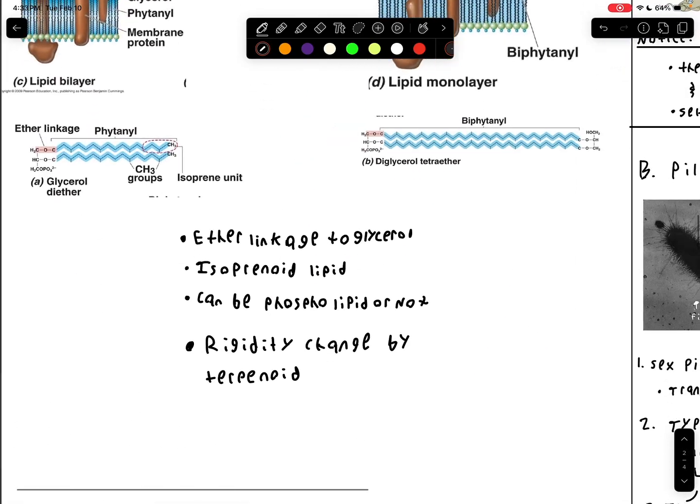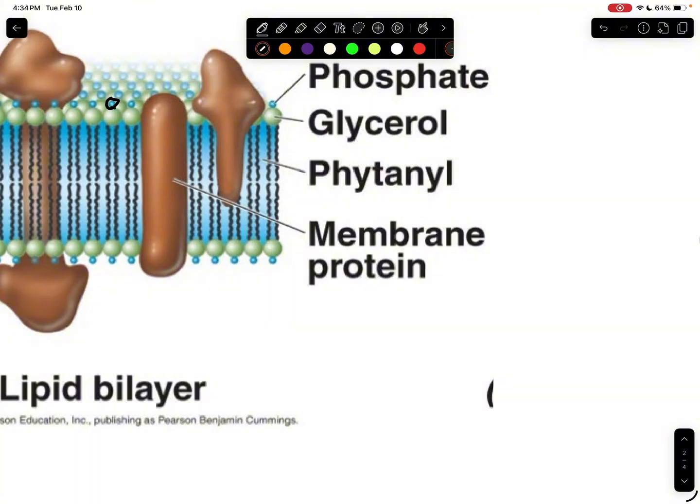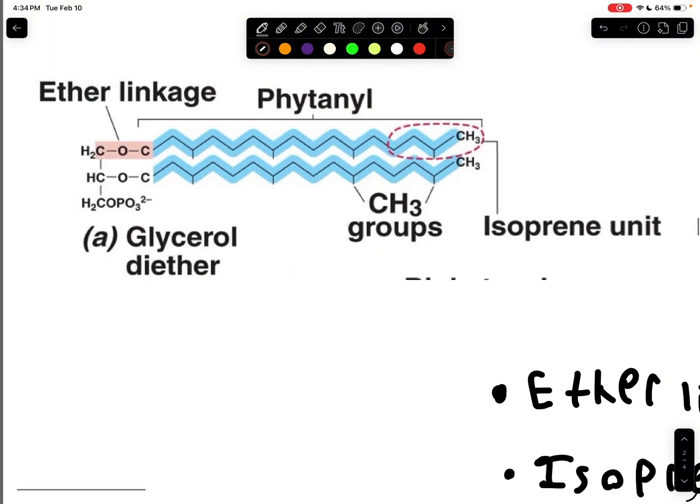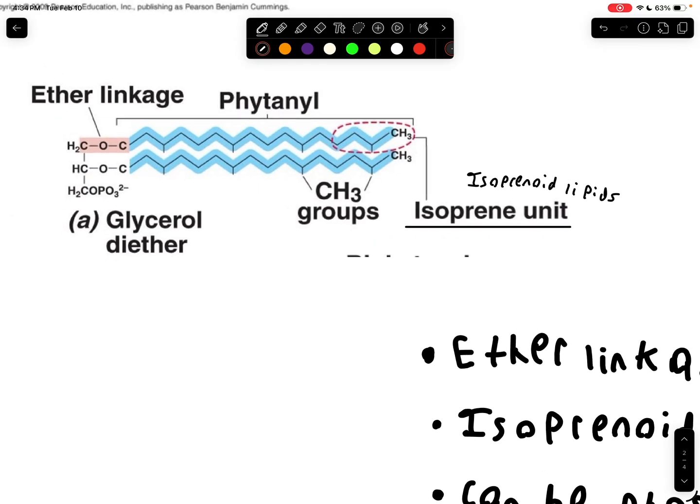What they use is sort of that same idea. There's a phosphate, there's the glycerol, and there's the fatty acid. Let's take a look over here. Remember how we talked about acetogenic lipids? These are not acetogenic lipids. These are isoprenoid lipids. Let me write that for you. You don't have to know exactly what that means. Just know that it is an isoprenoid lipid.